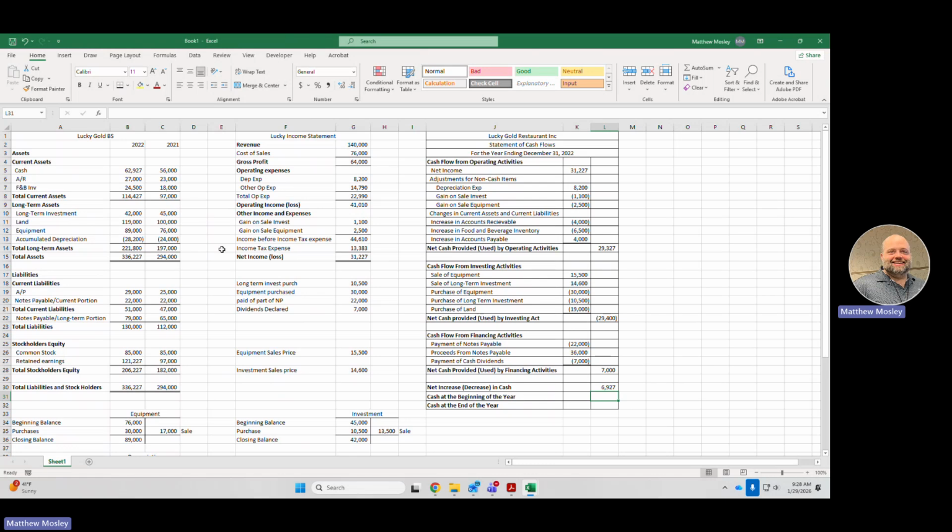Now, we can take a look at the cash at the beginning of the year, right? And at the end of the year, and that will end up being that difference too. So, cash beginning, right? Go ahead, put a border there, right?